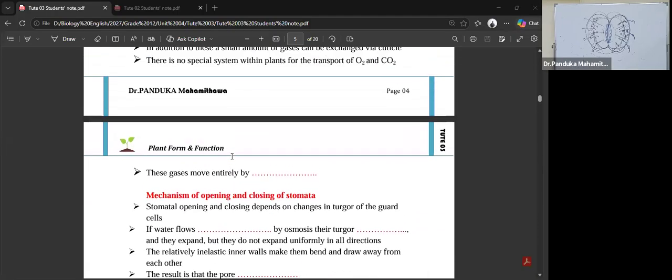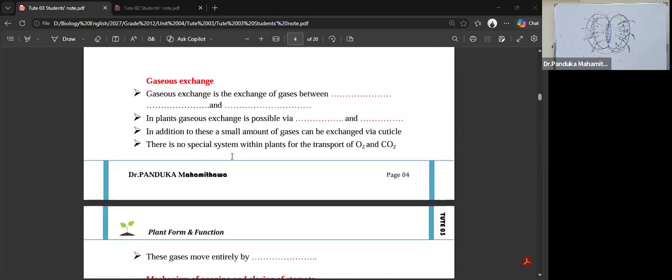Okay. Right. So, gas exchange. Now we'll complete this one. Gaseous exchange is the exchange of gases between the cells of the organisms and the environment.